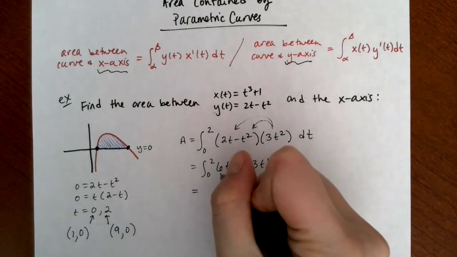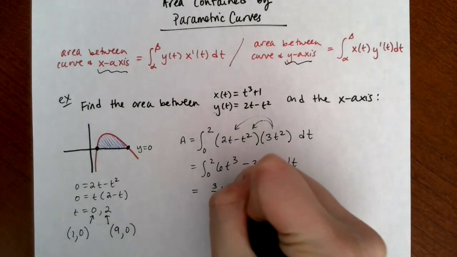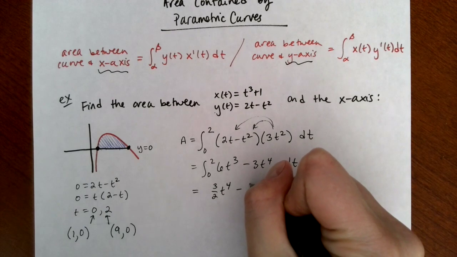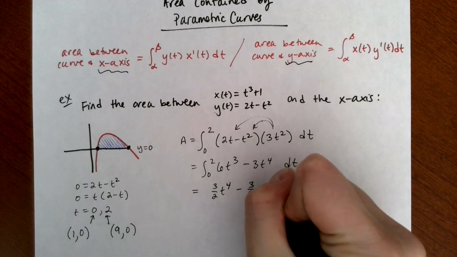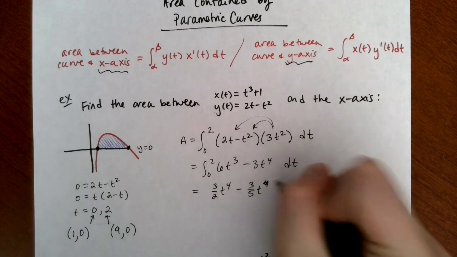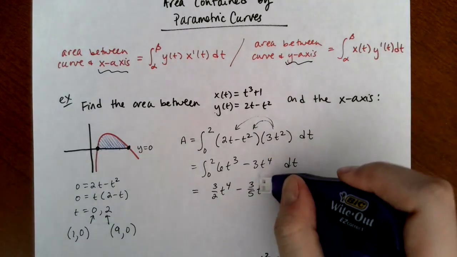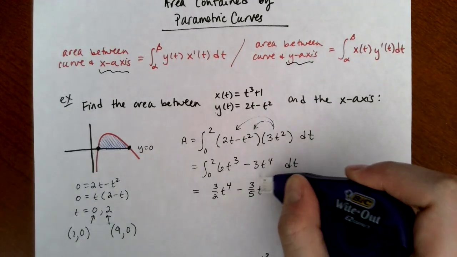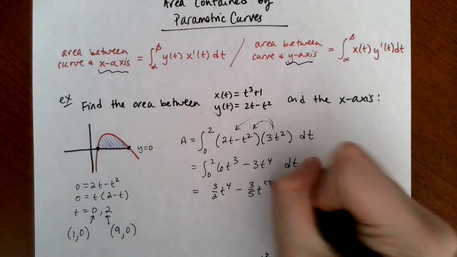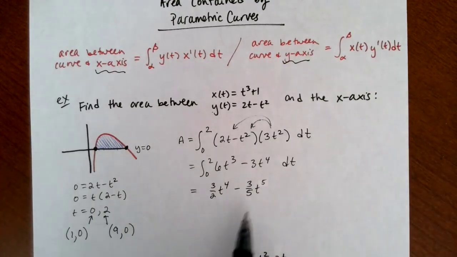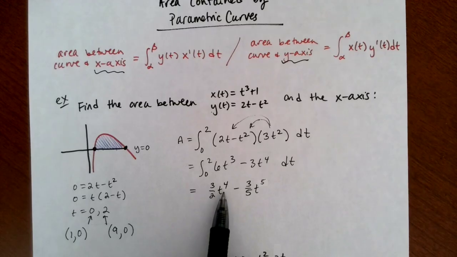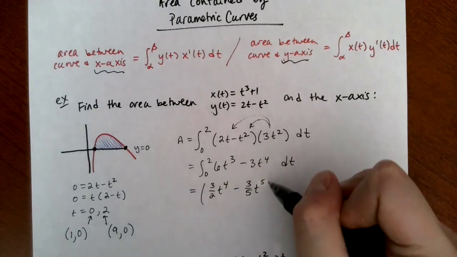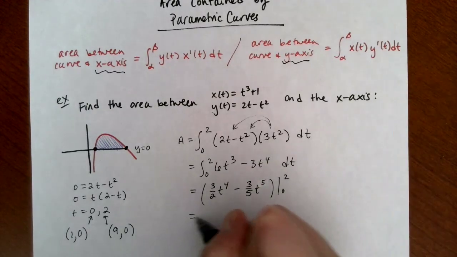Antiderivative. Oops, not the 4. This should be a 5. So I have my antiderivative. We'll quickly check that this guy's derivative is the function above. Yep. All right, so this evaluated from 0 to 2.